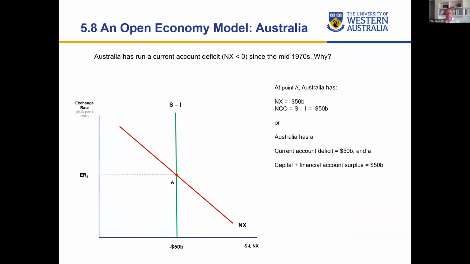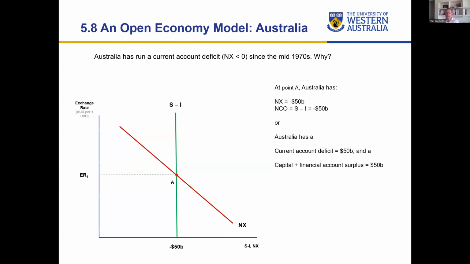Okay, interesting question. What do you think? One way of tackling this question is, well, we know S minus I was negative in Australia. That's what the model tells us. That's the only way you can have a current account deficit.